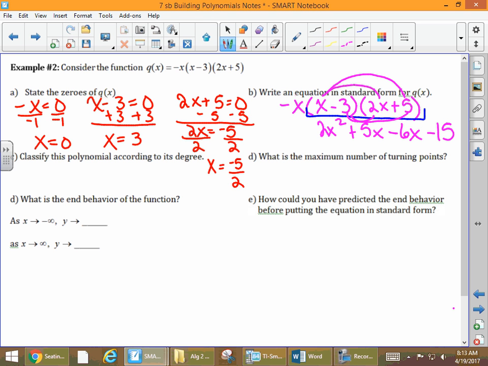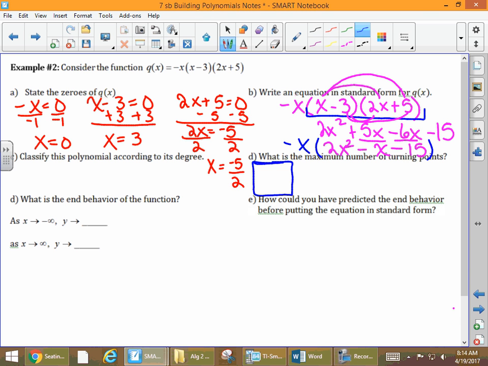When we combine like terms, we get 2x squared minus 1x minus 15. And once again, I'm going to multiply by negative x. If you have to infringe on space here in part D, we only need about that much space for question D, so it'll be okay.